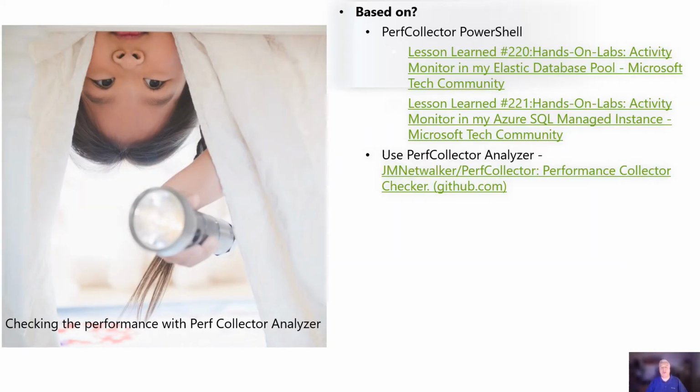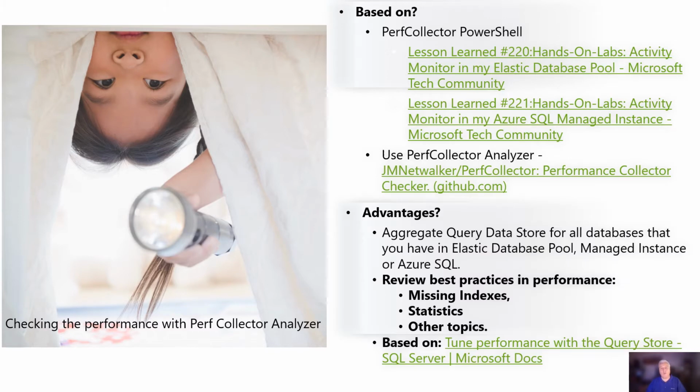So, what is this demo based on? Well, basically, the idea is the following. We are going to use the PerfCollector. You could find some information in our lessons learned 220 and 221 about how to monitor this. And we are going to use the PerfCollector Analyzer that you could also find in these lessons learned.